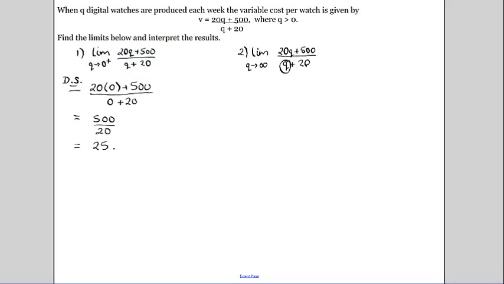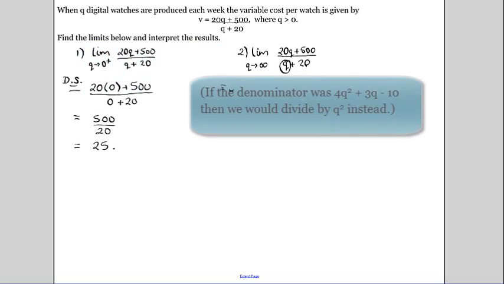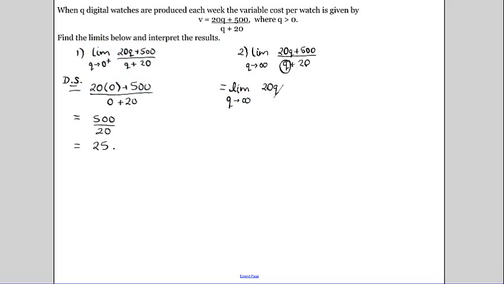In this case, Q is the highest power of Q in the denominator, so we will divide all 4 terms by Q. So I'll have 20Q divided by Q plus 500 divided by Q, all divided by Q divided by Q plus 20 divided by Q.